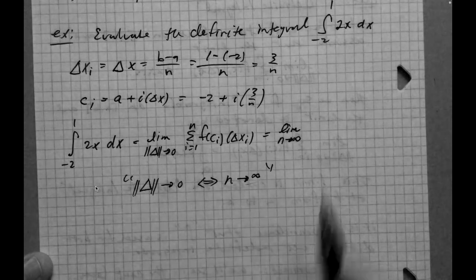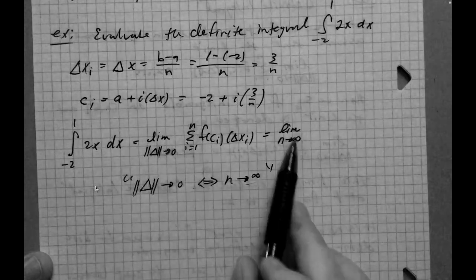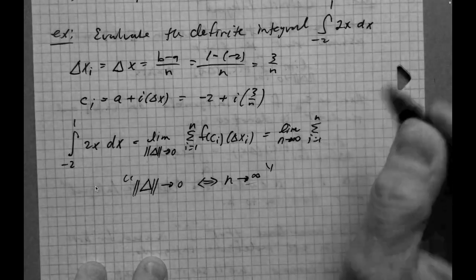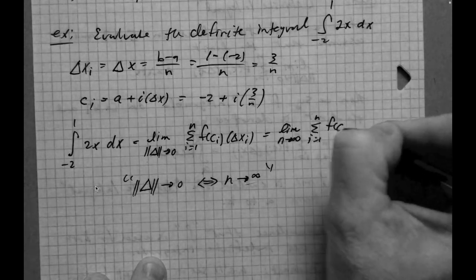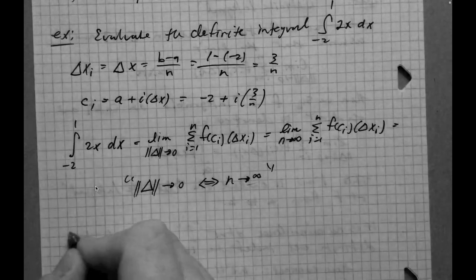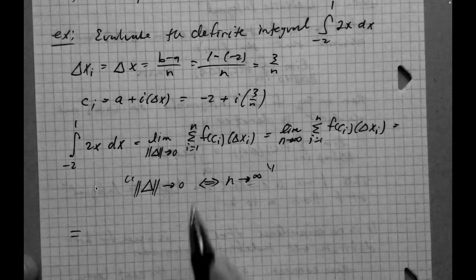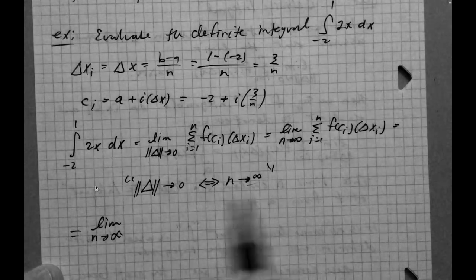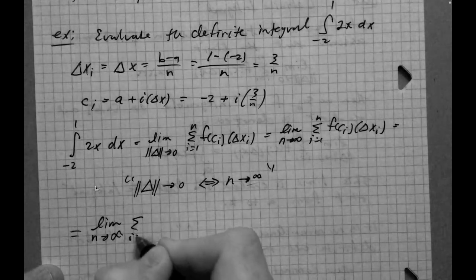So basically this gets rewritten as the limit as n goes to infinity of the sum i equals 1 to n of f of ci delta xi. Okay, and then let's plug in our values. The limit as n goes to infinity of the sum i equals 1 to n.